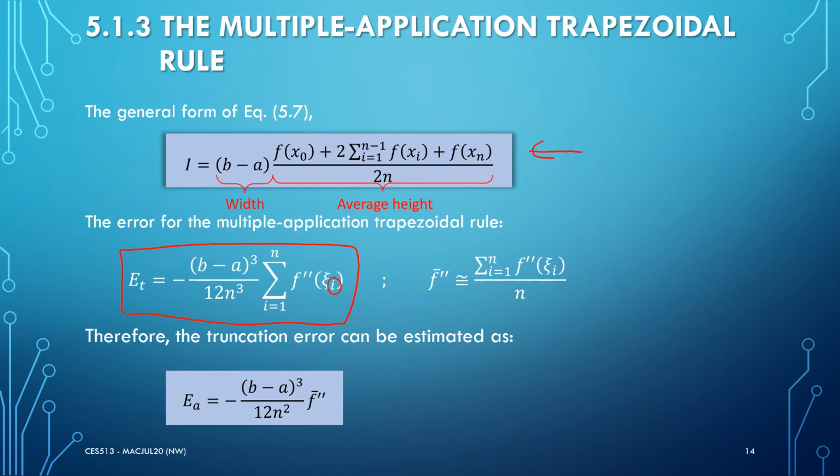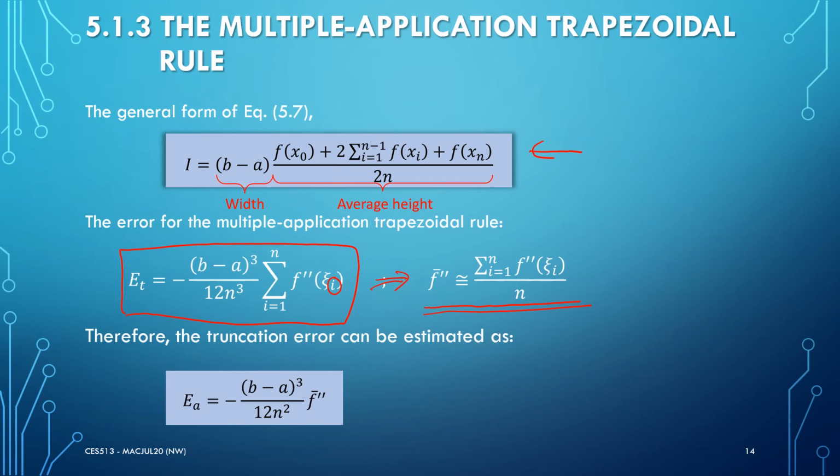This result can be simplified by estimating the mean or average value of the second derivative for the entire interval.